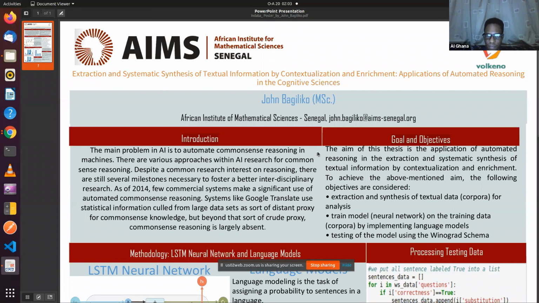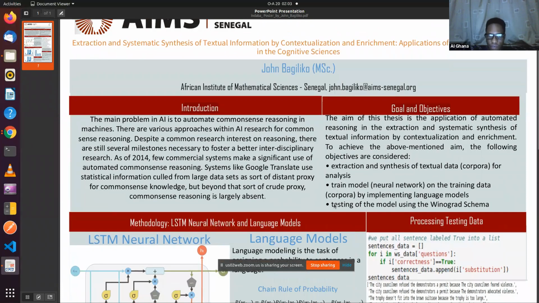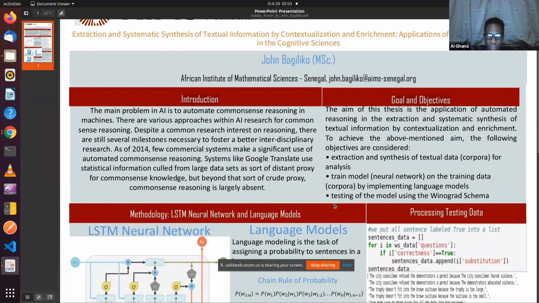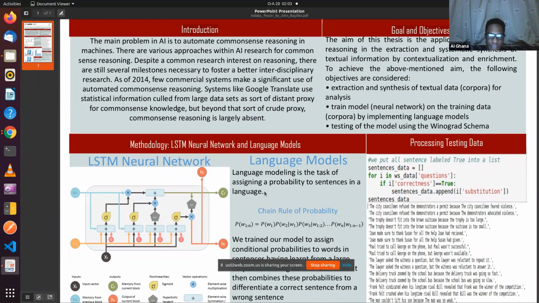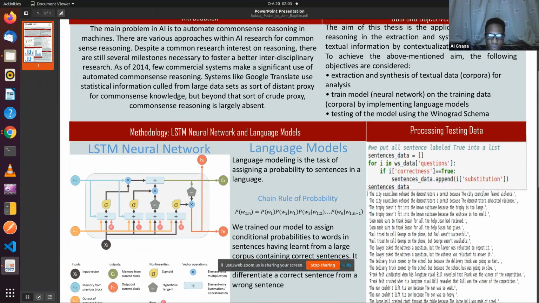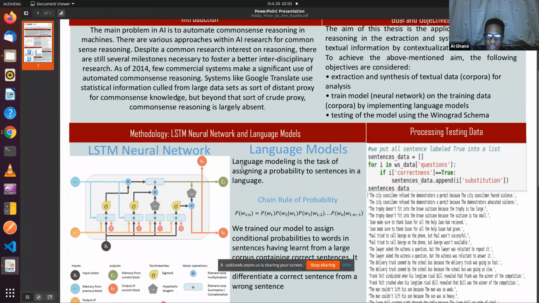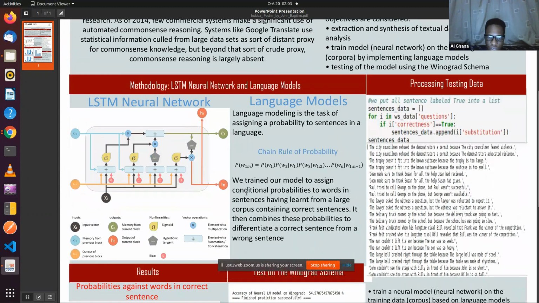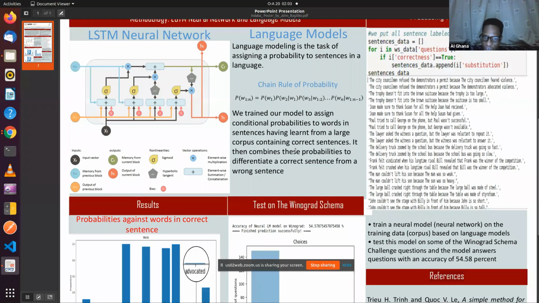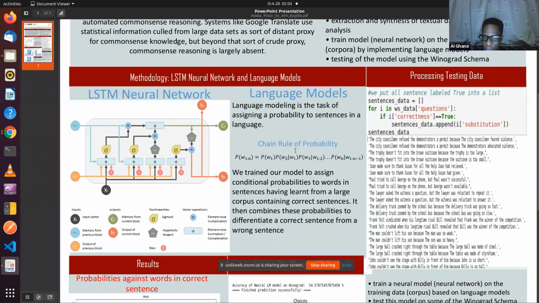In our training, which is based on language models, we use LSTM to train on a couple of language corpora, together with some scraped web text, and then we train our model on it, and we tested it on the Winograd schema challenge.